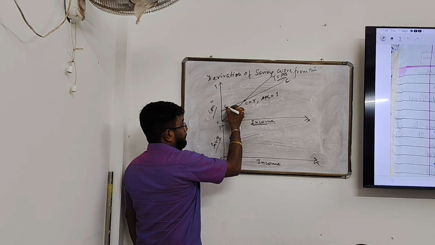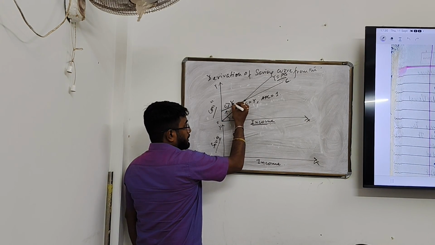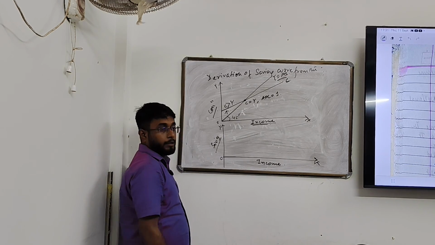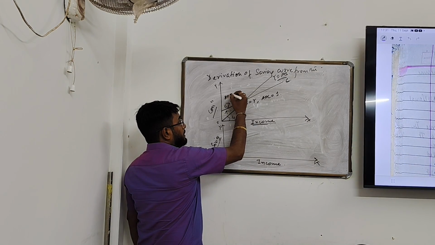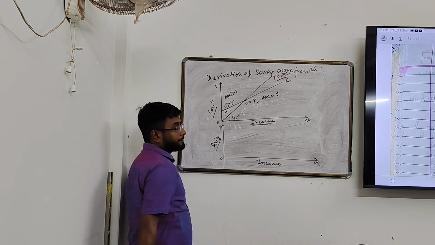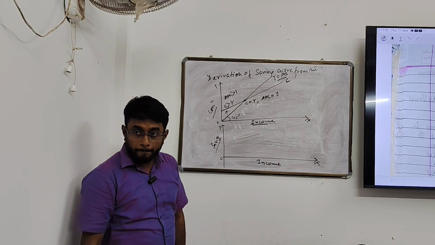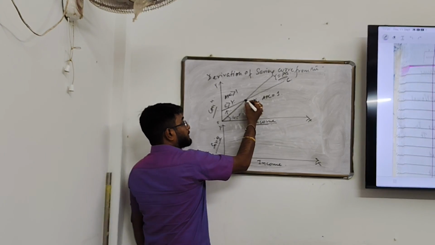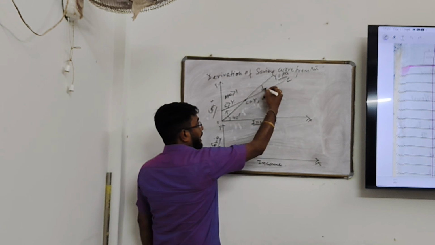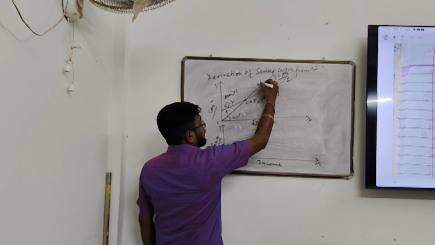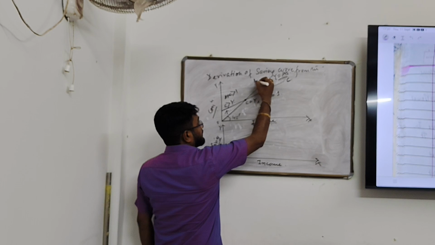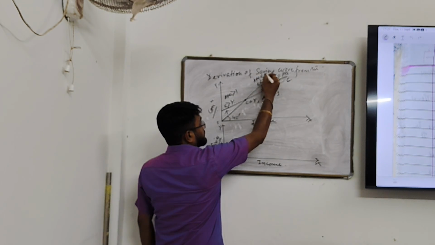Before the intersecting point, what do we find? C is more than Y. That is, APC is more than 1. Clear? After the intersecting point, we find C is less than Y. That is, APC is less than 1.